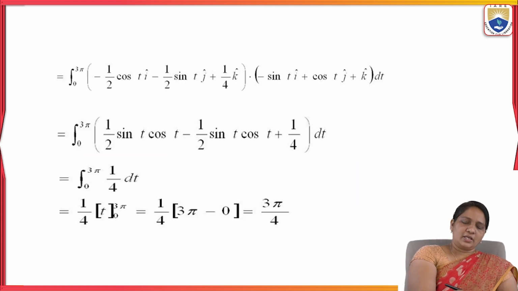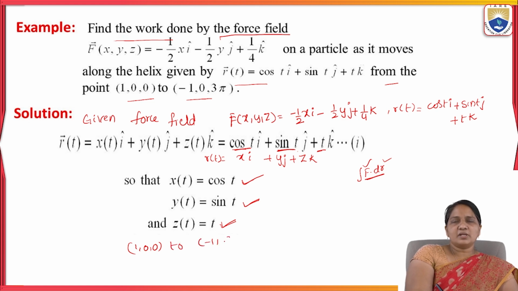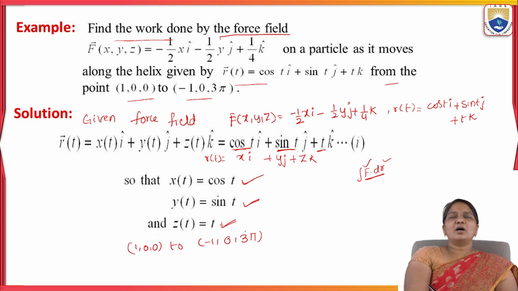Now see, the points given are from 1 comma 0 comma 0 to minus 1 comma 0 comma 3 pi. First we convert all these values into t, then we take the limits of t.